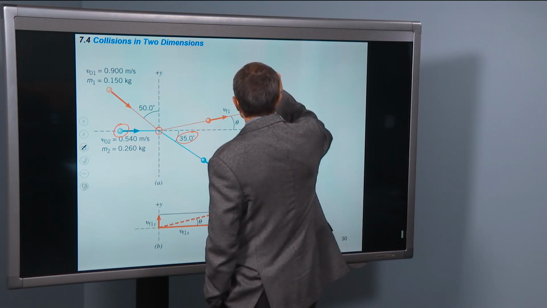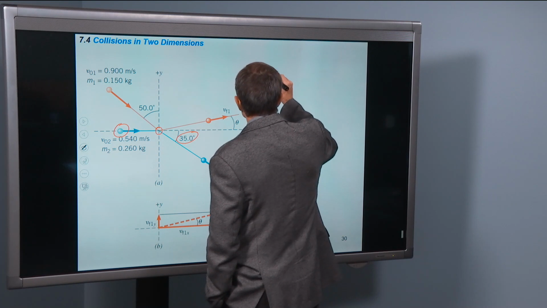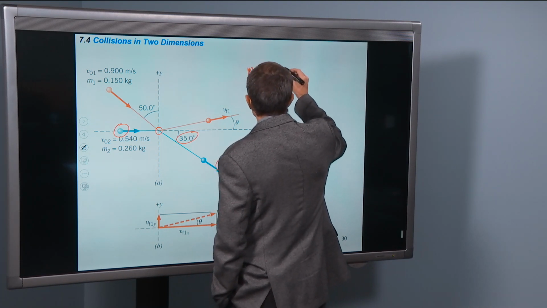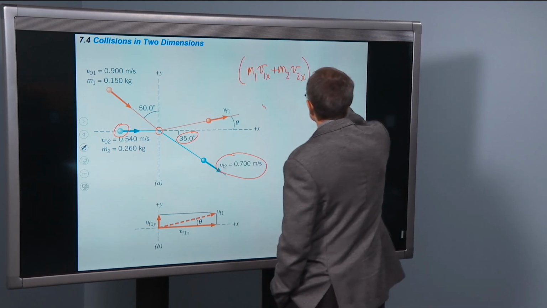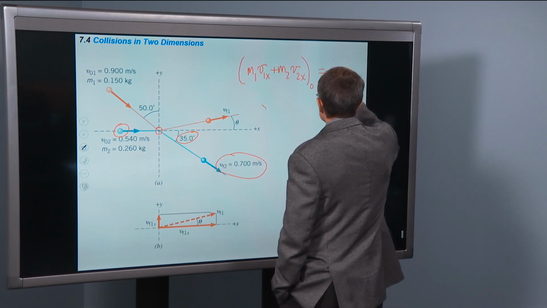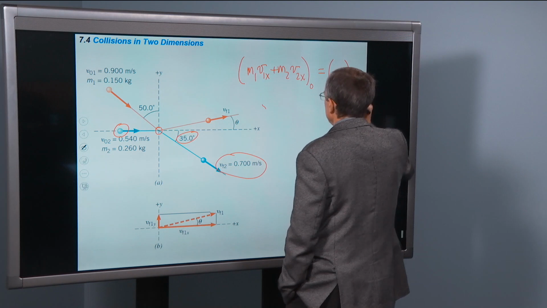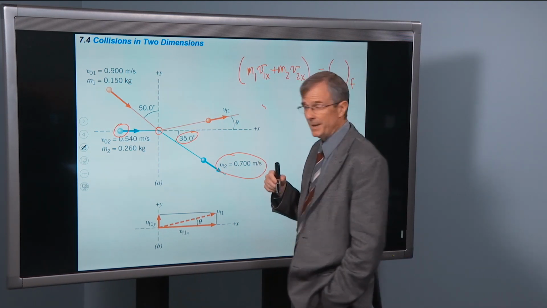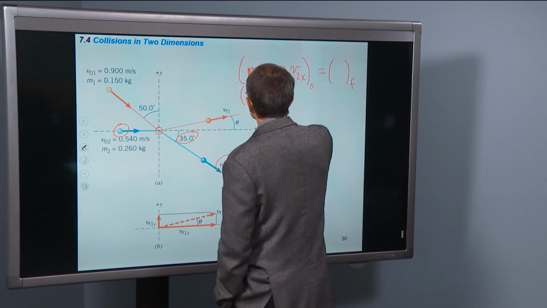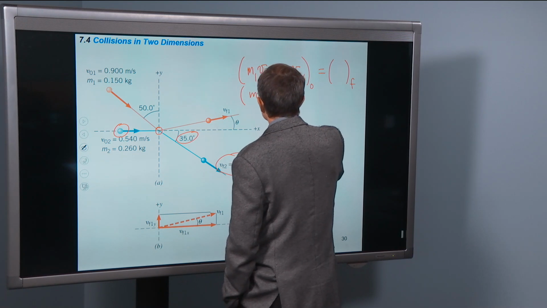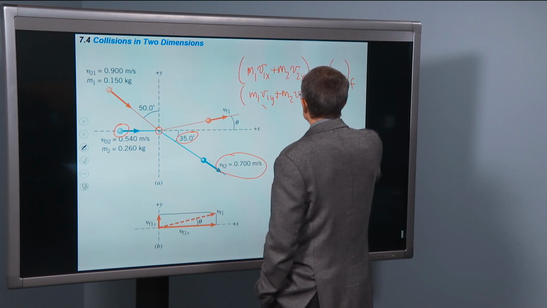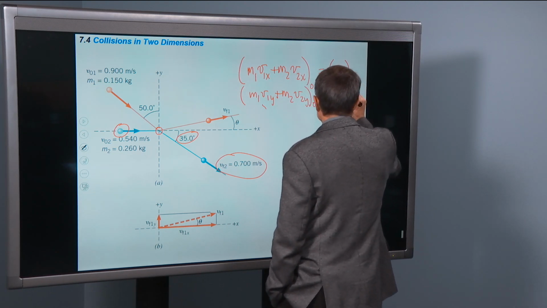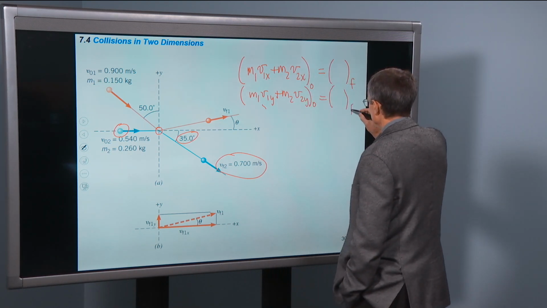So it's going to be m1 v1x plus m2 v2x initially equals that same thing finally, and then you're going to do the same thing with y. m1 v1y plus m2 v2y initially equals that same mess finally.